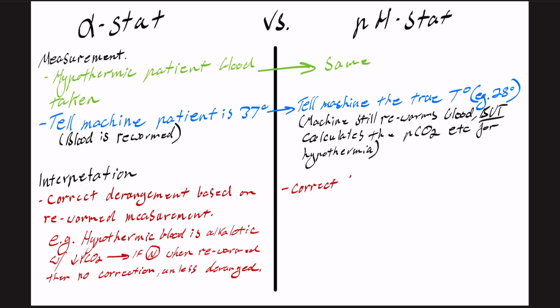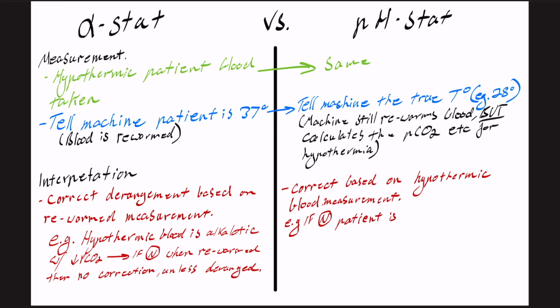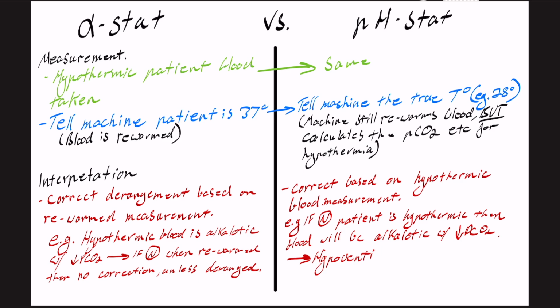In the pH stat approach, you're going to put the blood test in at the temperature that the patient is, and no matter what, if the patient was normal before, there will be some derangement because of being hypothermic. So you'll get the blood, it will likely be alkalotic with a lower partial pressure of CO2, and then you would hyperventilate the patient to increase the CO2 and decrease the pH to correct for the temperature.